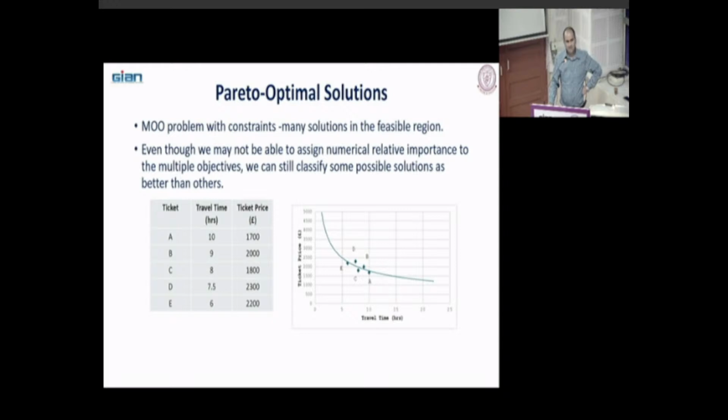As per their requirement. Suppose they are more interested in the ticket price, they will give it weightage: 50%, 60%, whatever weightage they can give. Otherwise, if they want to treat both objectives equally, you can provide these kinds of solutions, and then they will select one compromise solution which is good for both objectives.